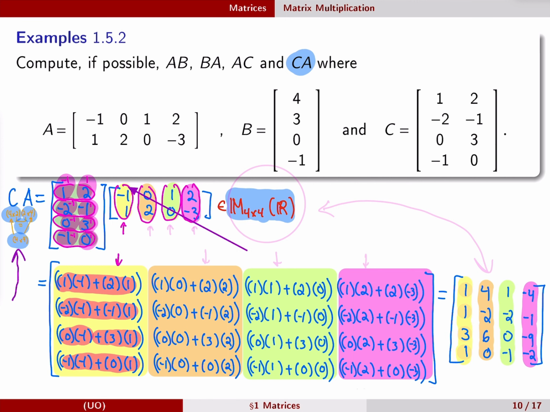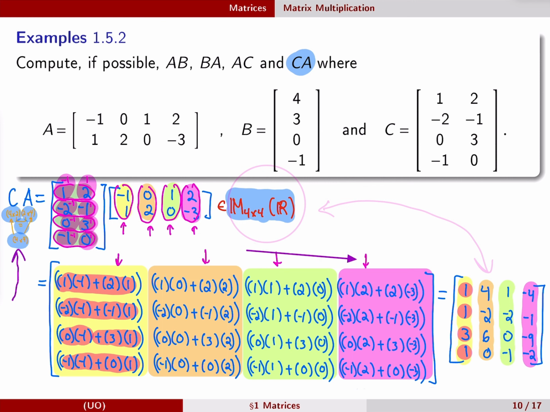And if you do these computations, you're going to get 1, 1, 3, 1. And then you just move on to the next column and you take that 0, 2 down, and then the next column, the 1, 0, you take it down, etc. And this will give you the computation needed to fill out the second, third, and fourth columns.